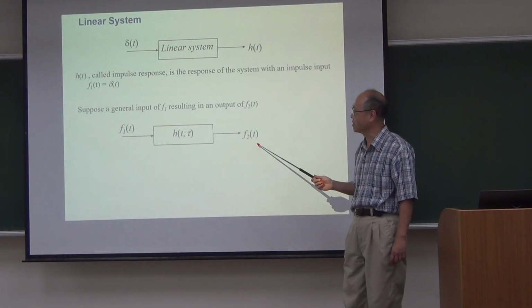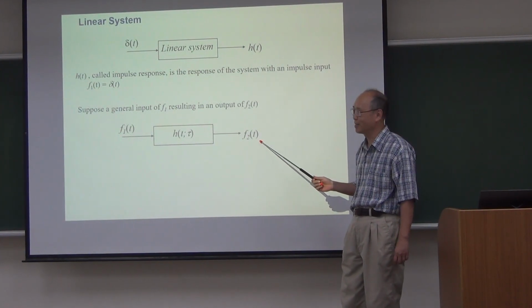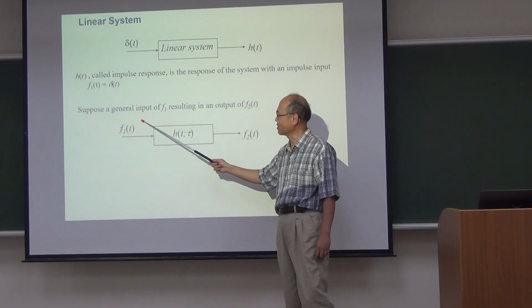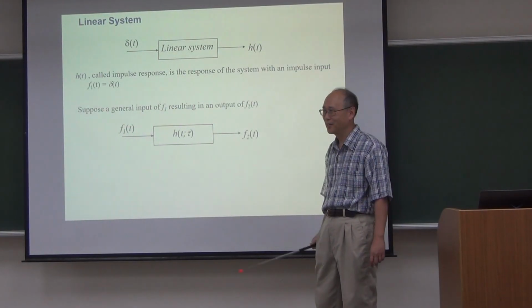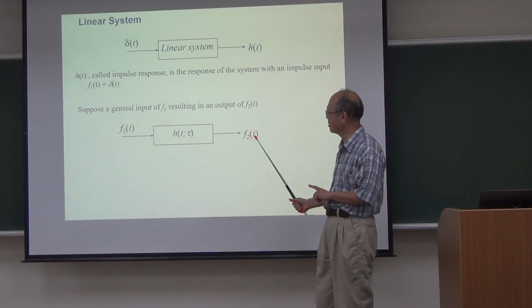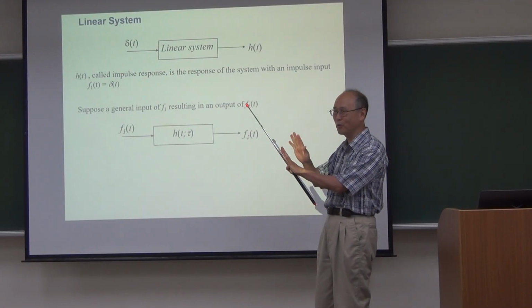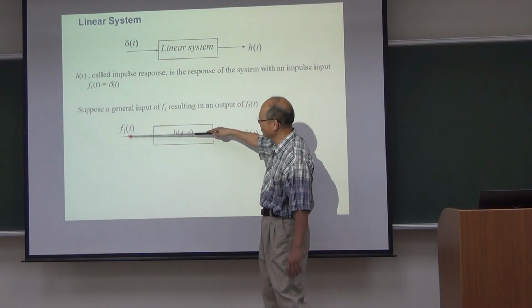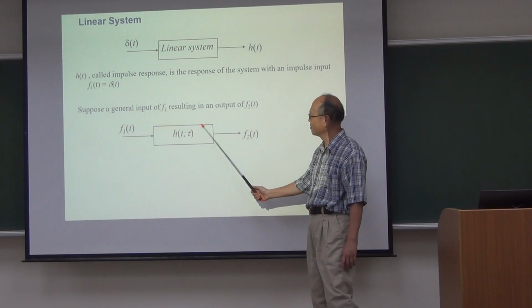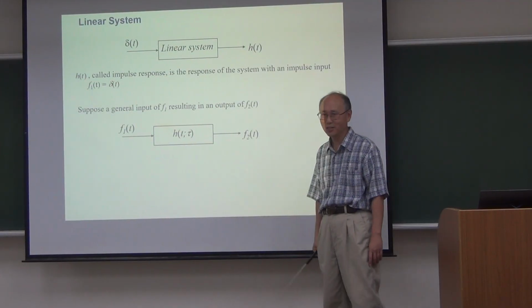And this output is basically a superposition of all the delta functions synthesizing this signal. The output is generated by superimposing all the delta functions before this time t.